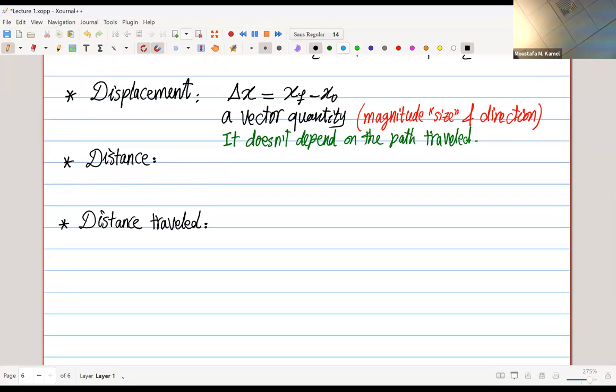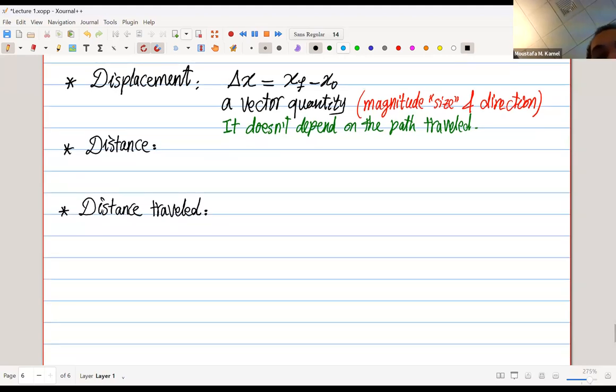So it's the size of displacement. So it doesn't care whether the displacement was to the right or to the left. It's just 2 meters. Doesn't matter if it's positive or negative. You just take the absolute value of that because that's the distance. It doesn't make a difference if I move forward or backwards. It's just the same distance.